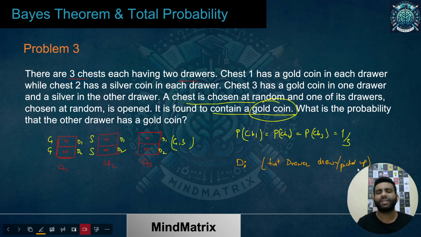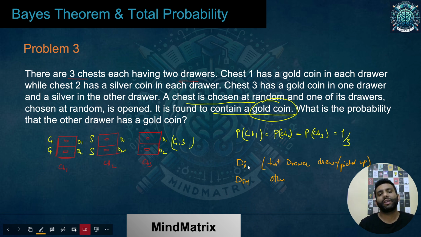That means Di was the first drawer I picked up or drawn, and after that I'm also talking about the other drawer. So let's suppose D(i+1) is the other drawer. Now this i can be 1 or 2.